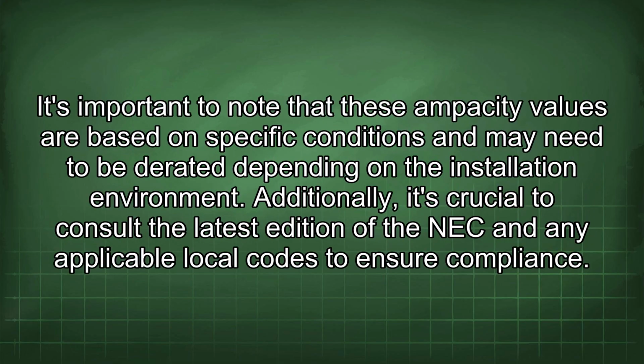It's important to note that these ampacity values are based on specific conditions and may need to be derated depending on the installation environment. Additionally, it's crucial to consult the latest edition of the NEC and any applicable local codes to ensure compliance.